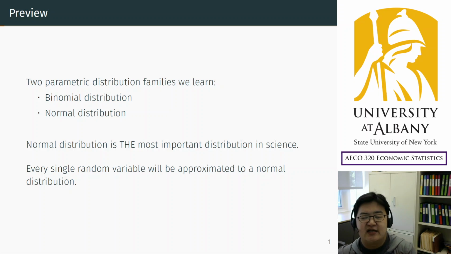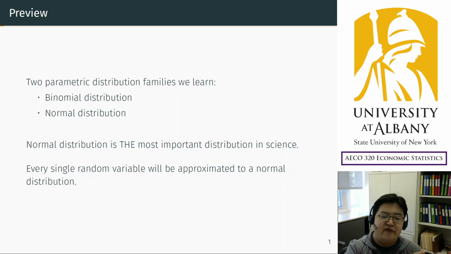As a side note, I may mention a few other distributions from time to time, but basically when you need to calculate a probability, it will be based on the normal distribution. So that's the importance of this chapter and the theory of the normal distribution.